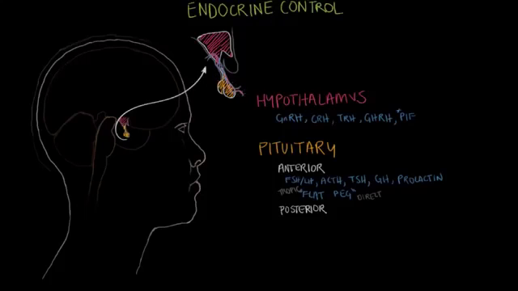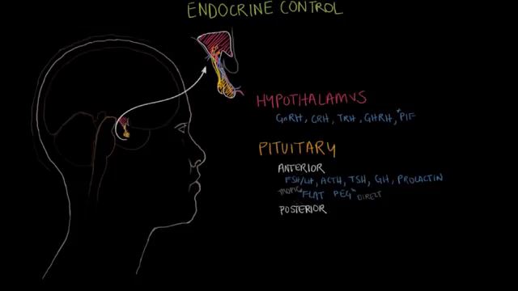And then the hypothalamus also communicates with the posterior pituitary, and it does that through stimulation of nerves which run down that pituitary stalk right here. And the hypothalamus sends a signal down those nerves to the posterior pituitary and causes the posterior pituitary to release a couple hormones too.